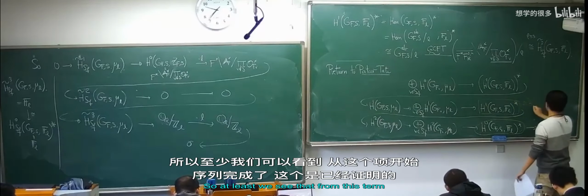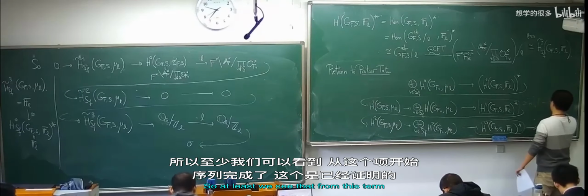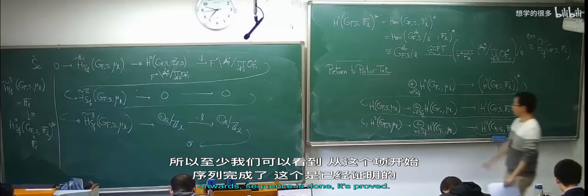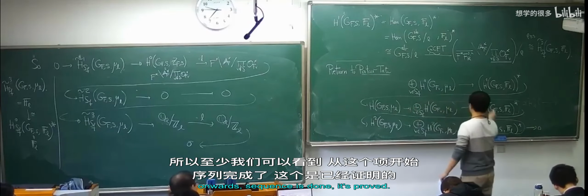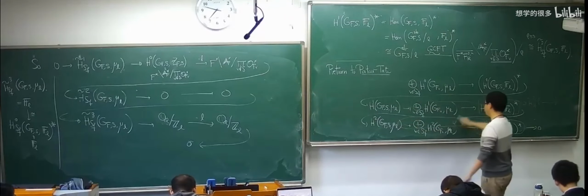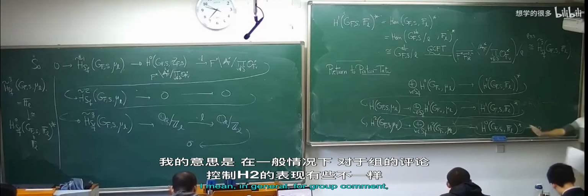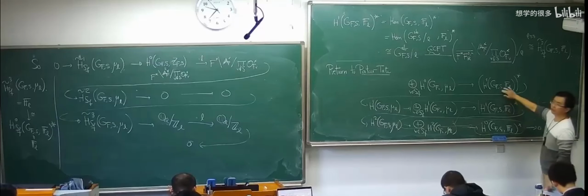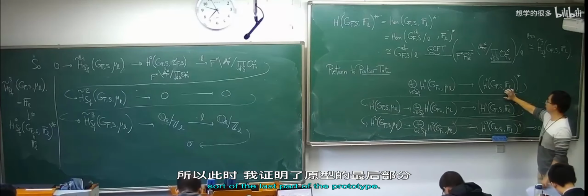So at least we see that from this term onwards, the partial exact sequence is proved. Except this term is a little different. In general, for group cohomology, it's a little difficult to control what H2 does. So at this moment, I proved the last part of the partial sequence.